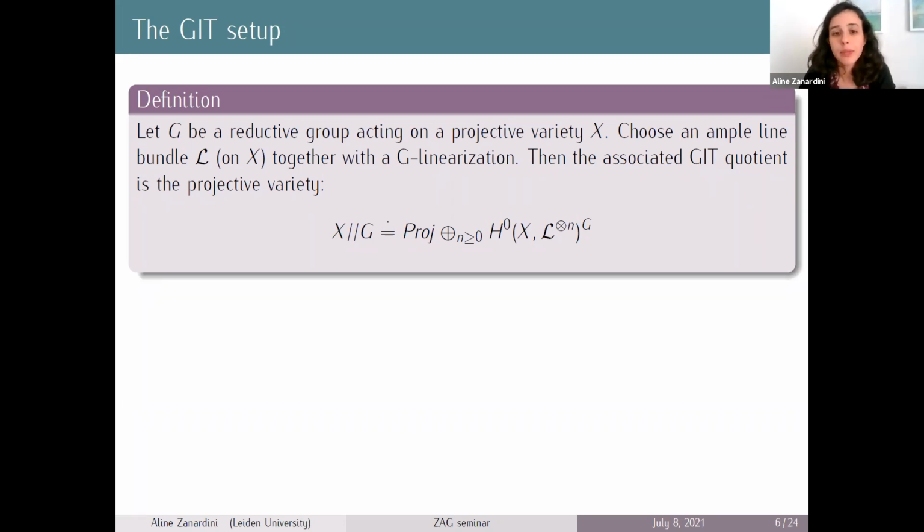Then we can define the associated GIT quotient, and by definition it is this projective variety.